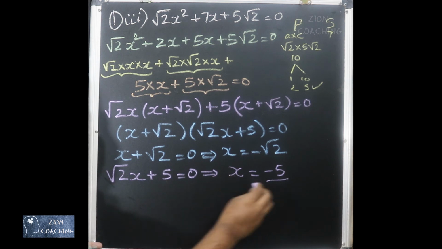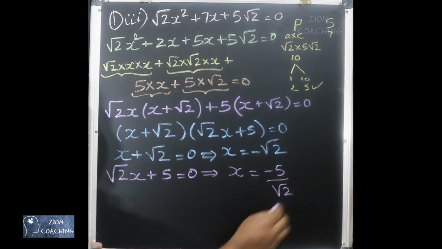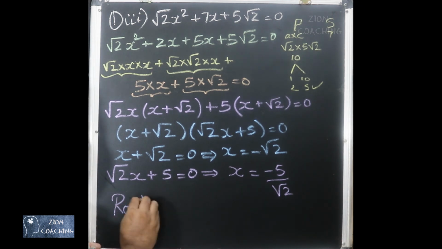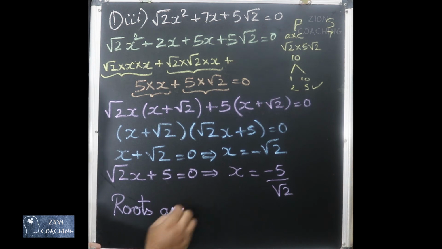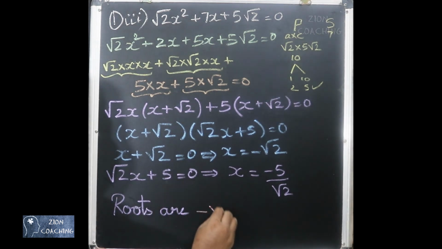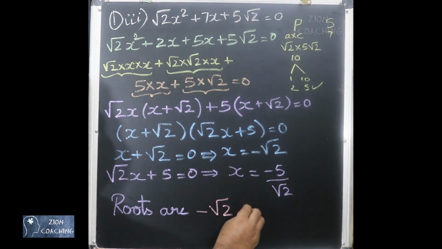Then root 2 will be in the denominator. So roots are minus root 2 and minus 5 by root 2.